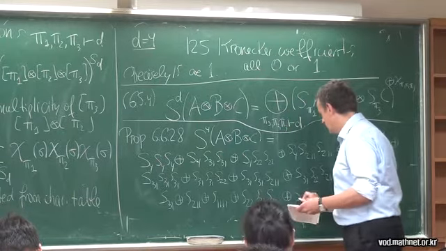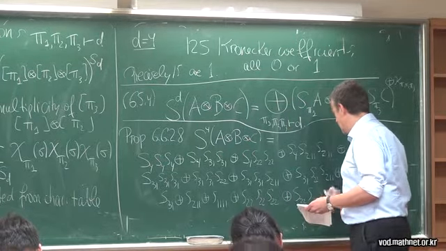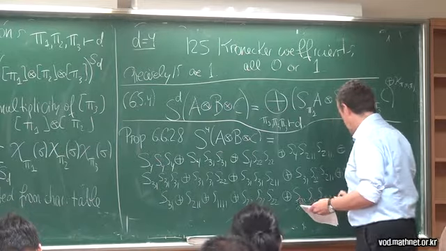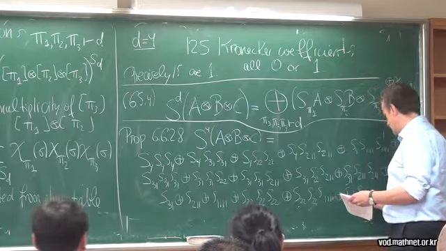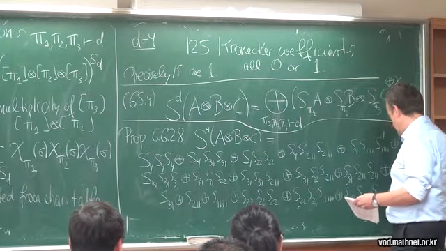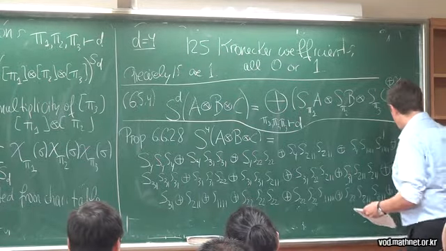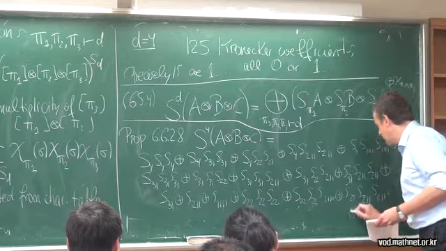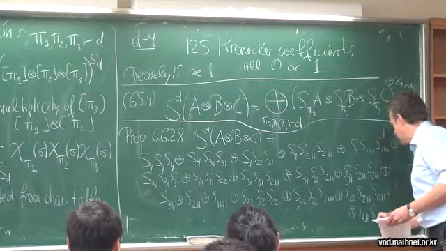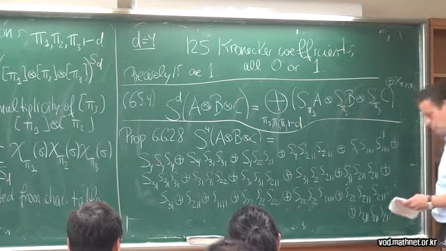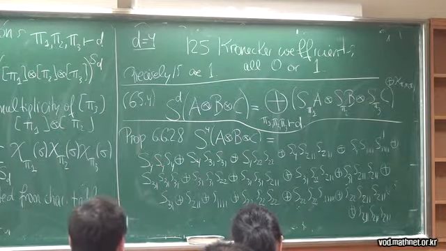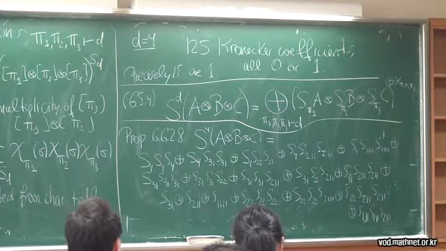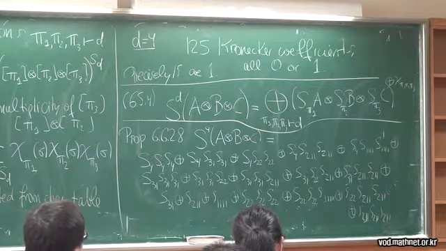And then 2,2, 2,2, 1,1,1,1. Then 2,2, 2,1,1, 2,1,1. And finally, the last one, 2,1,1, 2,1,1, 2,1,1. Okay, so that's the canonical decomposition for quartic polynomial functions on three-way tables.